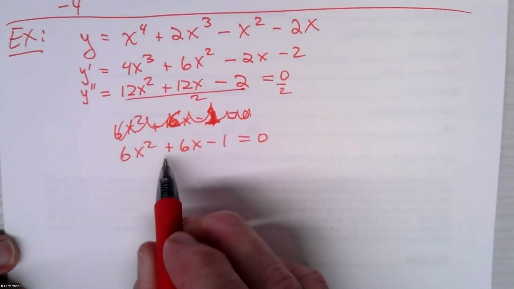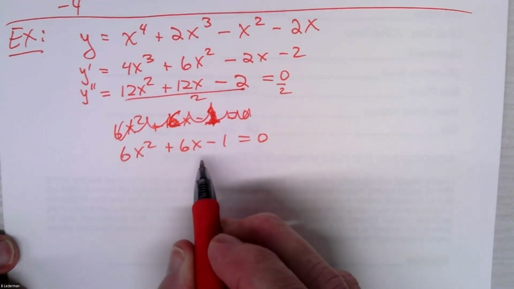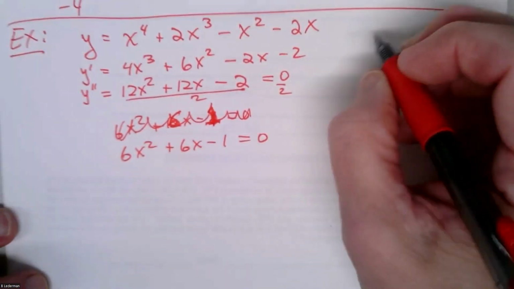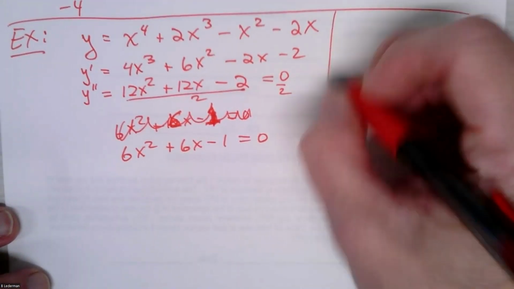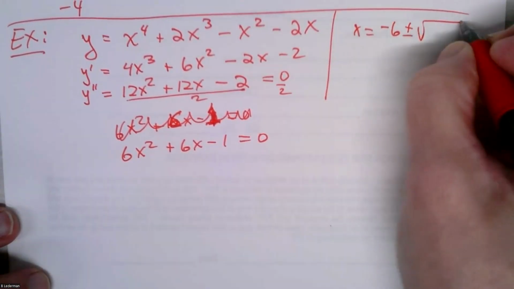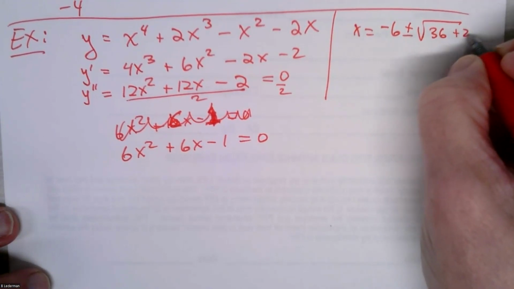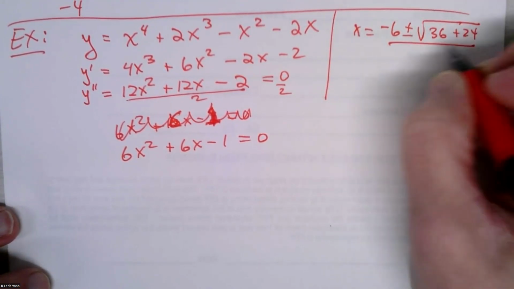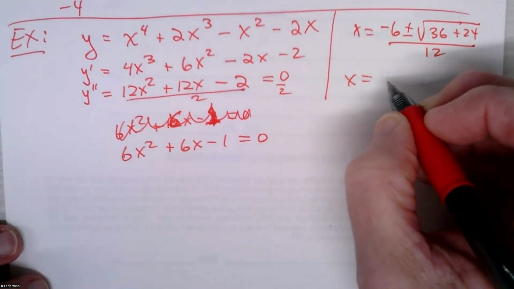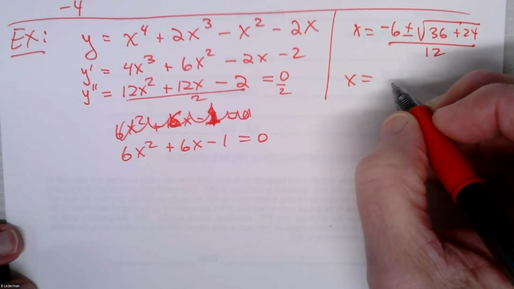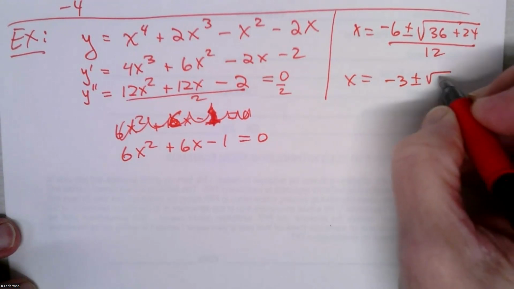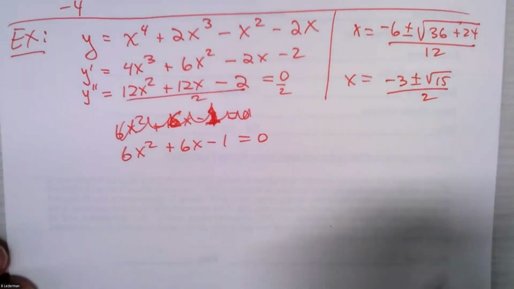Now this is not factorable. I want to find the roots of this polynomial. I want to find when it equals 0. This is not factorable, so I'm going to use the quadratic formula. So x equals negative 6 plus or minus the square root of 36 plus 24, over 12, which comes out to x equals negative 3 plus or minus radical 15 over 6.